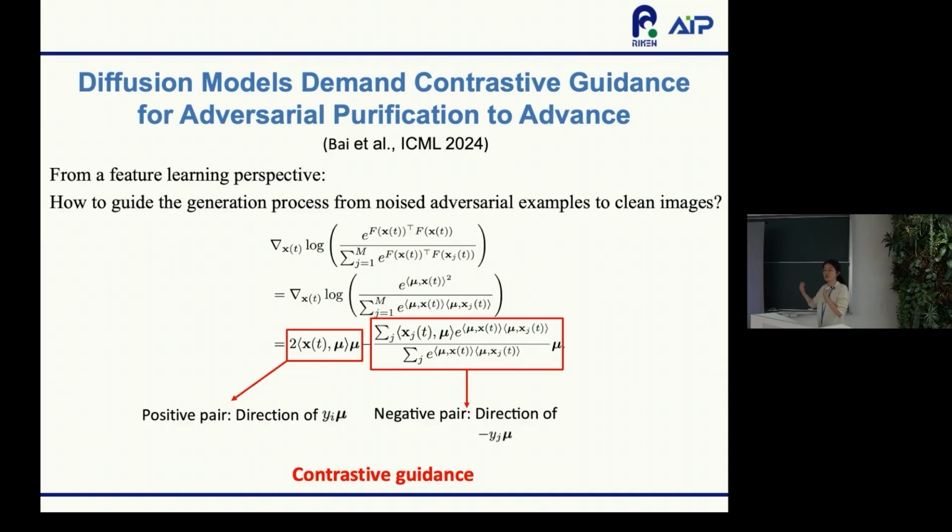Next, we move on to the part with only negative pairs. Negative pairs mean this image and the other images in the same step in the reverse process for the diffusion model. Here, we're also very lucky to find it's just the opposite way of the signal. So basically, the negative pair goes in the opposite direction, but because there's a minus sign, sorry if you can't see that clearly here, it reverses the direction of the signal, which means also enhancing the signal.